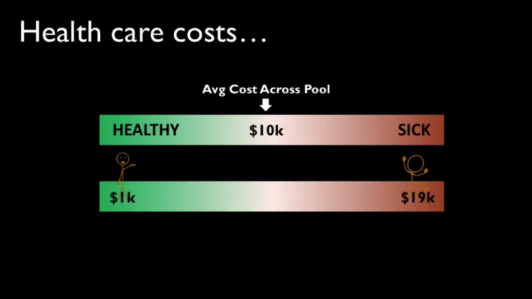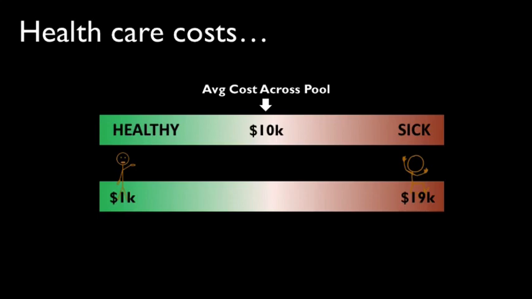Okay, if the sickest person who works for this company has a cost to be insured of $19,000, but the company is taking a consistent $10,000 out of everybody's paycheck, then the sickest person is especially benefited by having employer-sponsored insurance, because their paycheck goes down by $10,000.